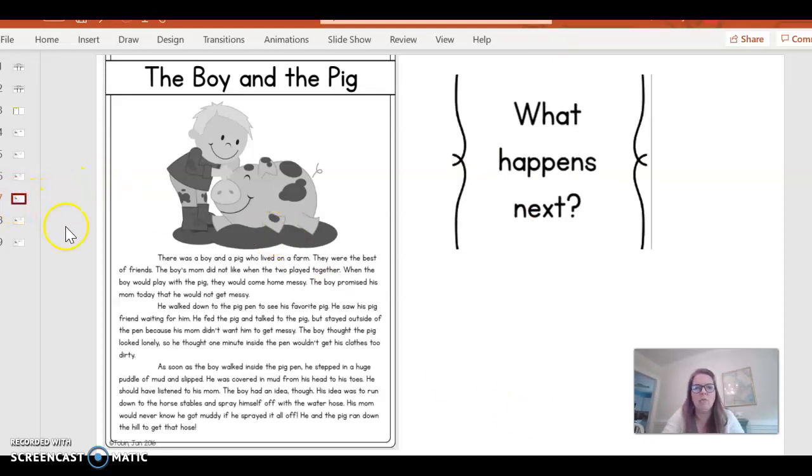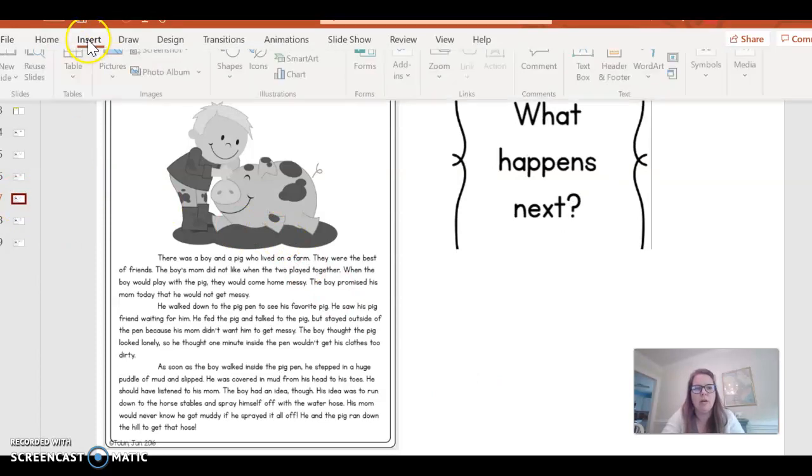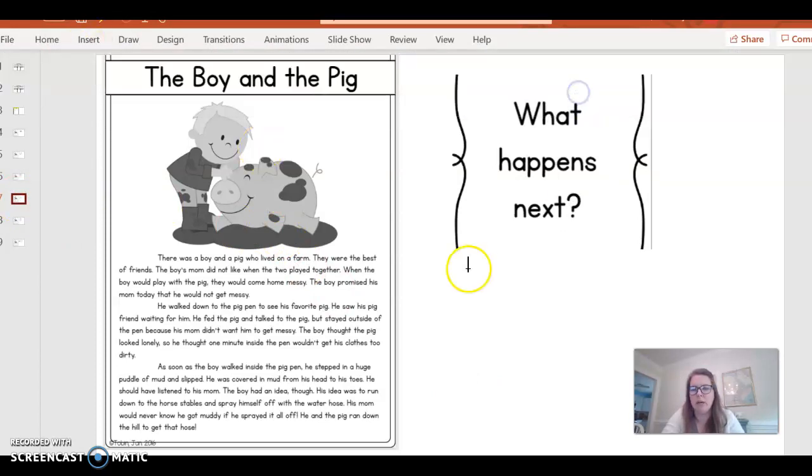All right, now what happens next? Okay, so the boy goes out to see the pig, right? And he stays outside of the fence, but he feels bad. So let's look right here. He walked down to the pig pen to see his favorite pig. He saw his pig friend waiting for him. He fed the pig and talked to the pig, but stayed outside of the pen. The boy thought the pig looked lonely, so he thought 1 minute inside the pen wouldn't get his clothes too dirty.